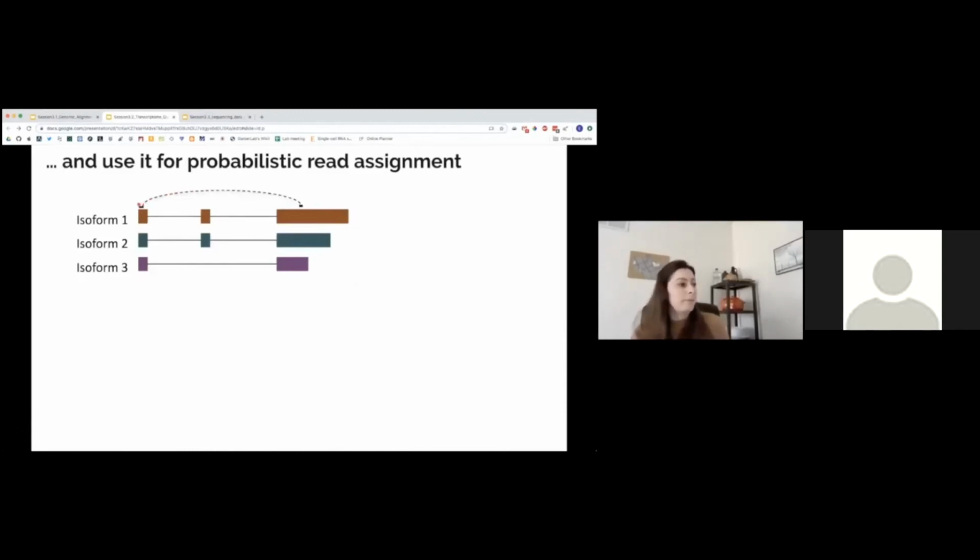So for example, here we have a pair of reads. They're mapping to the first exon and the last exon, and you have 3 possible isoforms. And you need to figure out which isoform they actually came from. So for each isoform, you calculate the distance. For green and purple, the distance would be distance 1. And for green and brown, it would be distance 1, and for purple you would have distance 2, a shorter distance, as you can see here, because it doesn't have this middle exon.